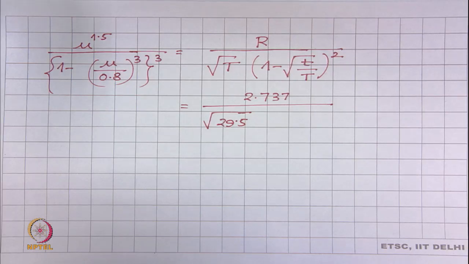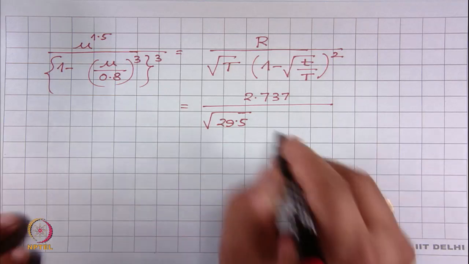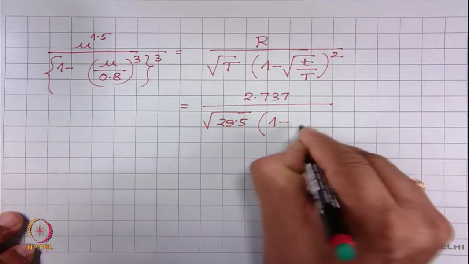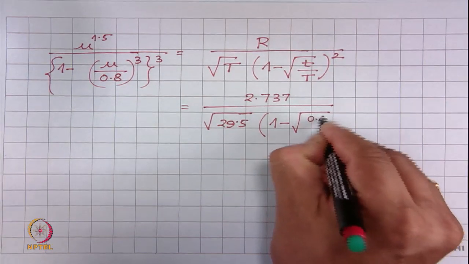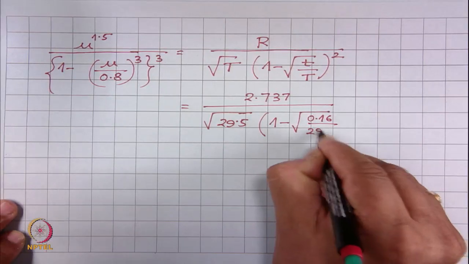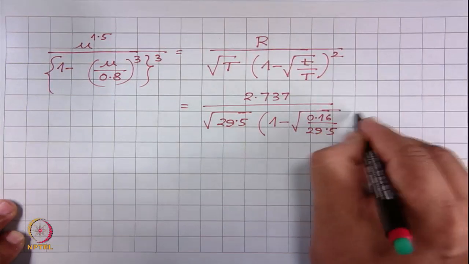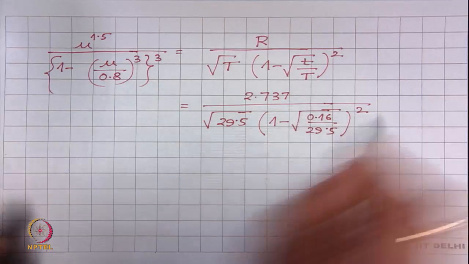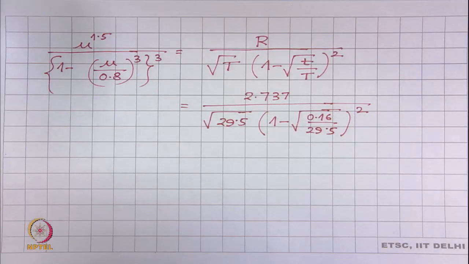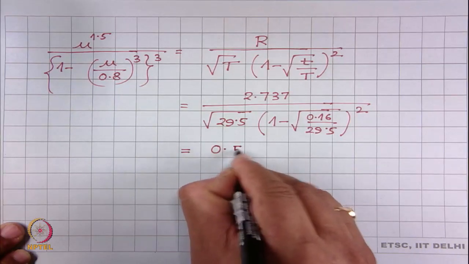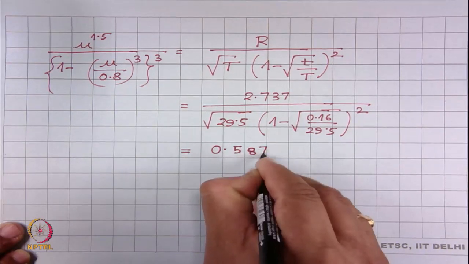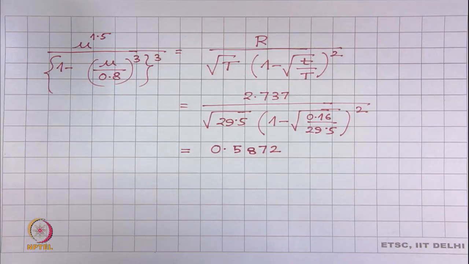Capital T is 29.5 tex. And what is small t? Small t is 0.16. So, what will be this value? This value will be equal to 0.5872.